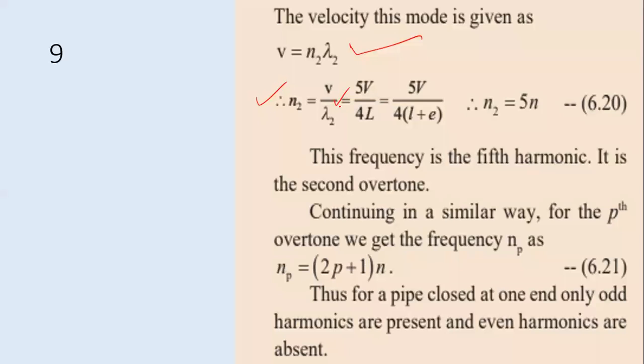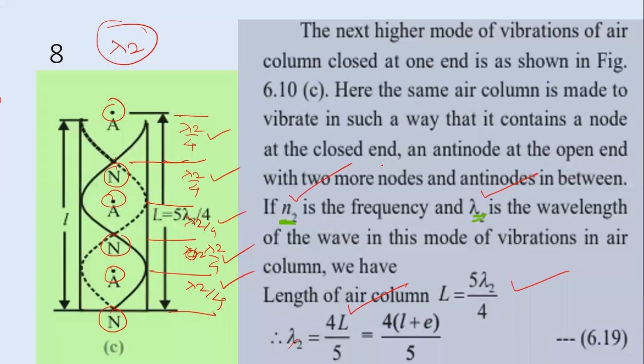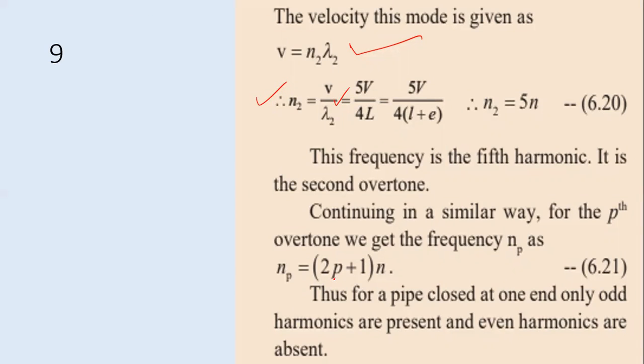But the value of lambda 2 is 4L divided by 5. And therefore n2 is equal to 5v divided by 4L.